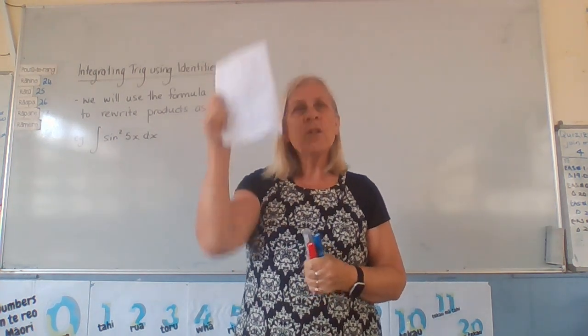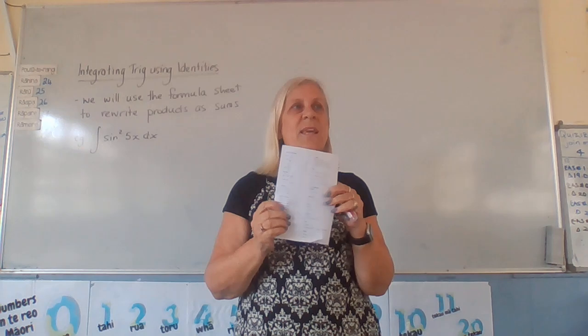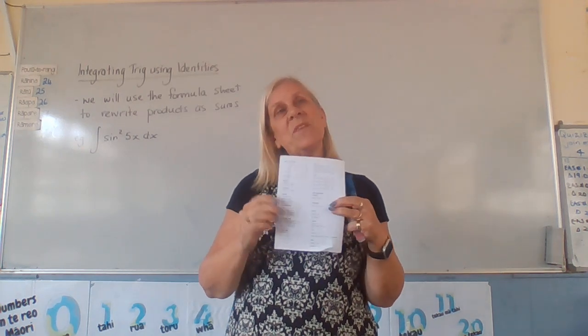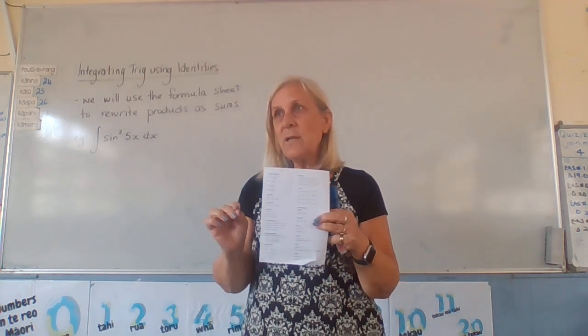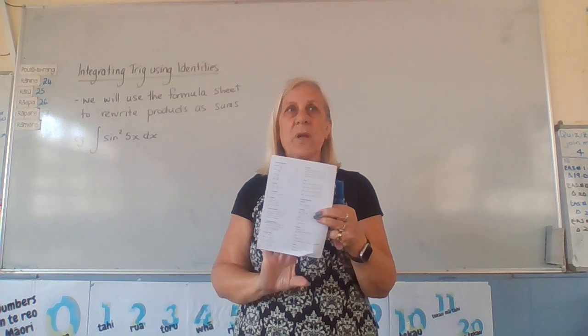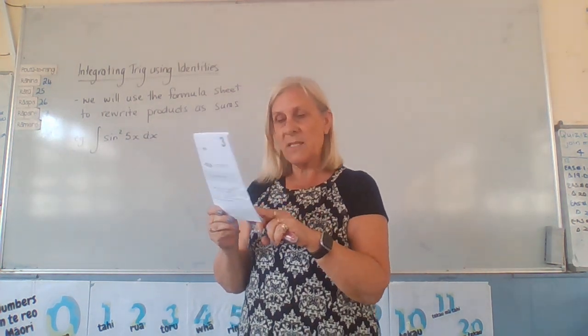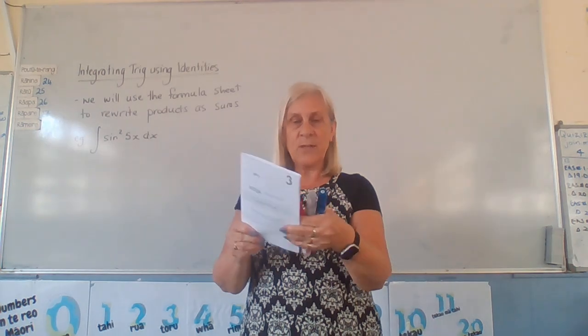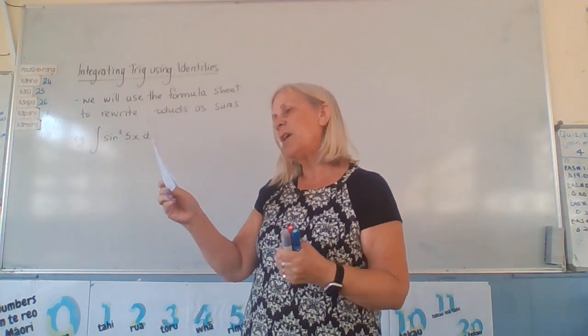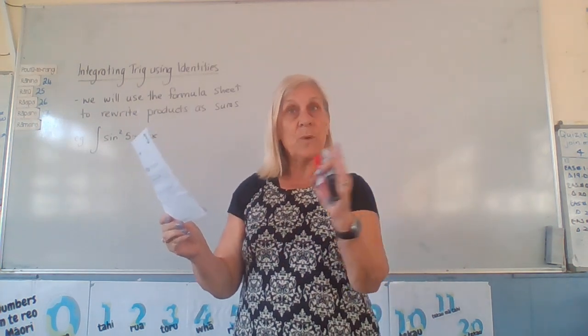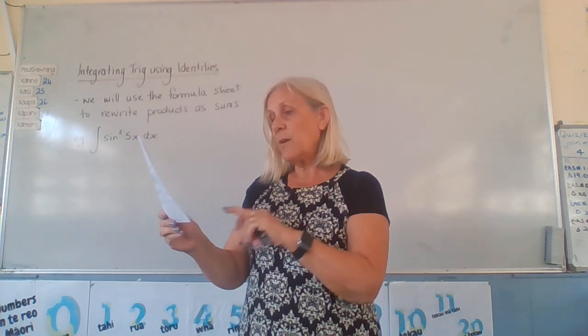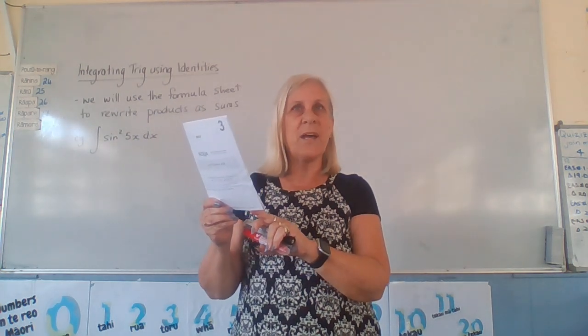So we look on this table for something that will change it to something that doesn't have a squared and doesn't have two things multiplied together. So we are specifically looking this time at the double angle formulas. And you will see that under cosine of 2a, cosine of 2a is not a product. There is one with a 2 sine squared a.